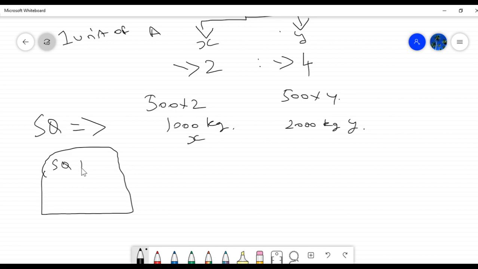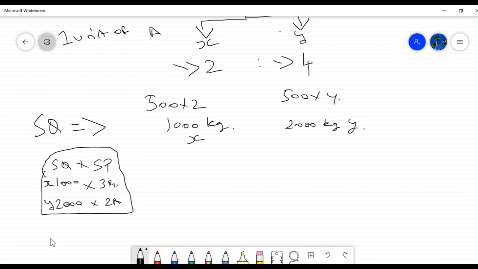Here my SQ is 1000 kg for X and 2000 kg for Y, into the standard price per kg given in the question: 3 rupees, 2 rupees.